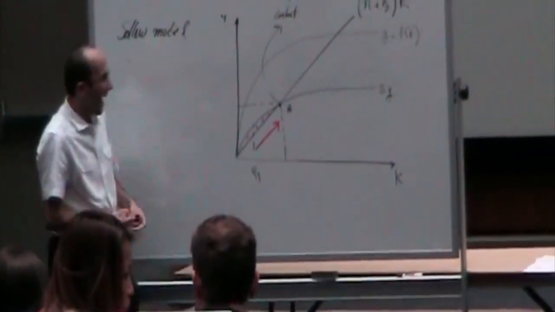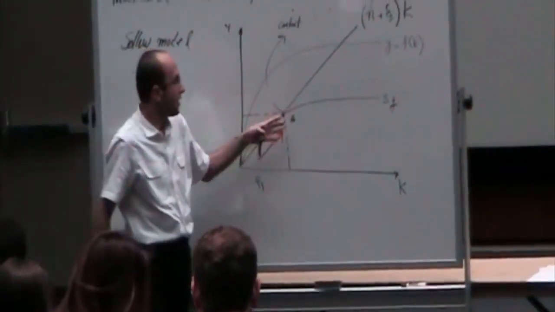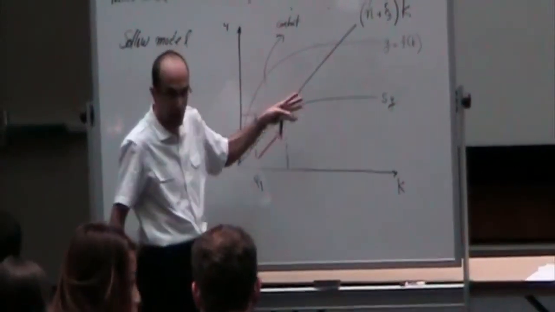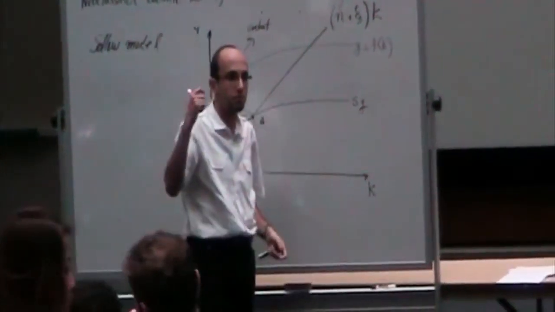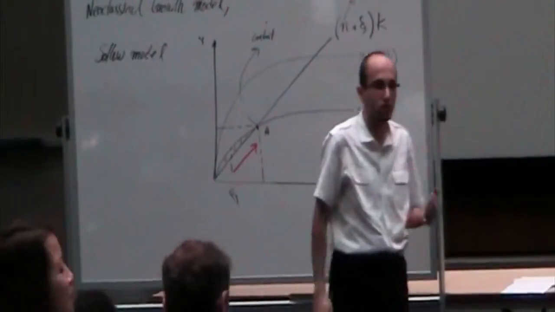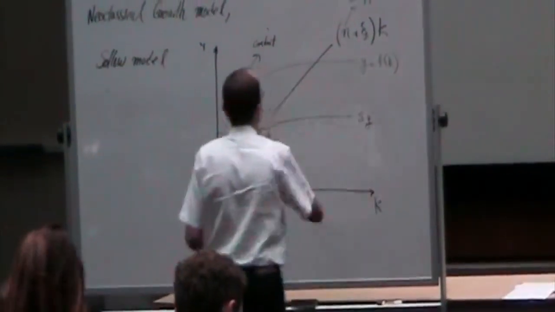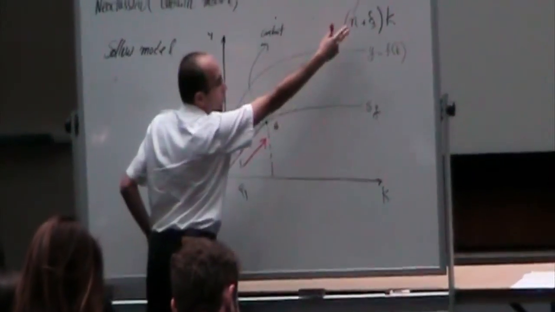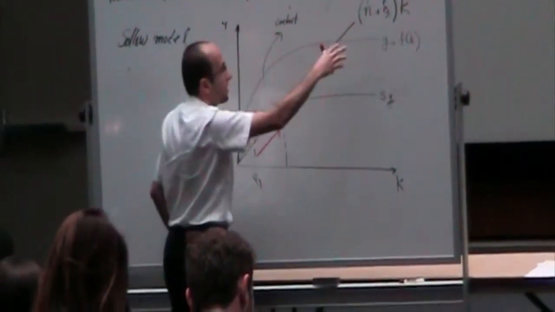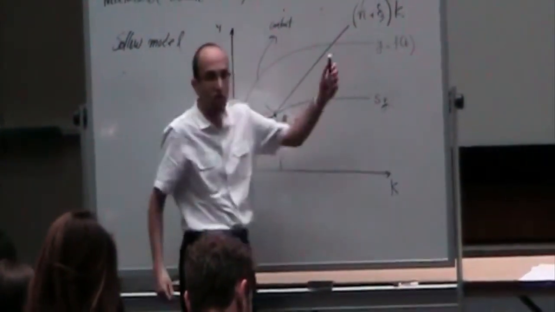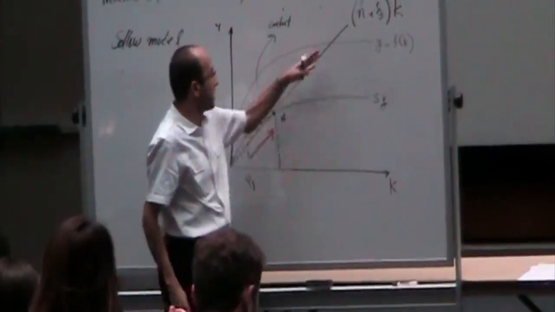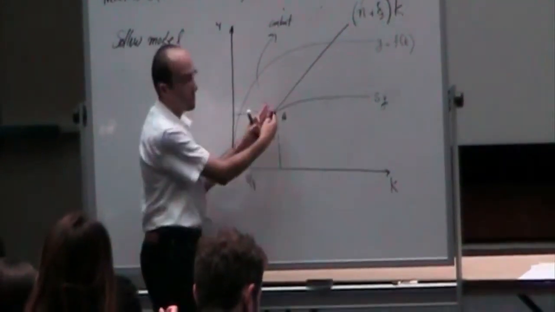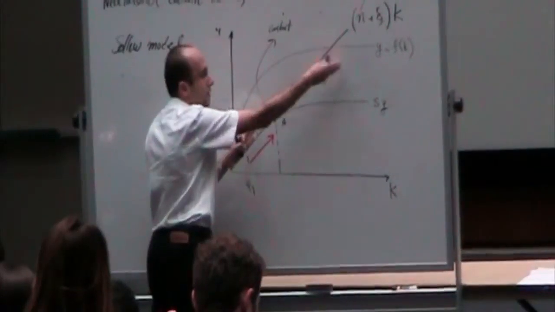After you reach this point, if you continue, what happens is the concept of diminishing return that I showed you earlier. You see that the depreciation and the population change, which are the coefficient of capital, change in a way that after this point the capital requirement is above the saving.